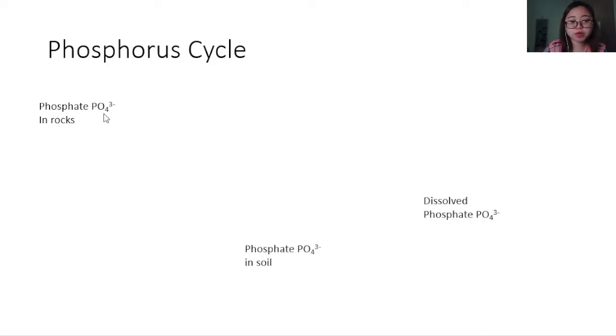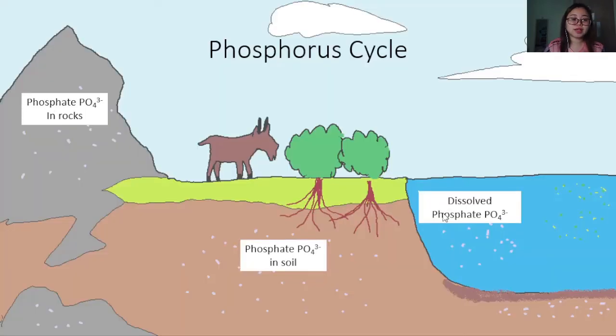So it is the same PO4 3 negative, but one in rock, one in soil, one in water. Ta-da! As shown in this diagram here. So the purple dots that I show there are supposed to be the dissolved phosphate. Okay, the next components are the plants and also animals, and we'll learn about them through the processes.